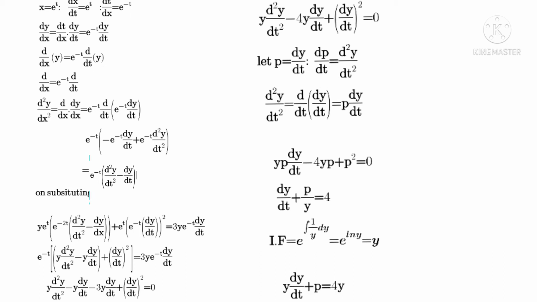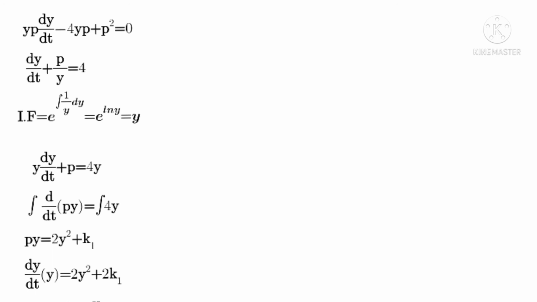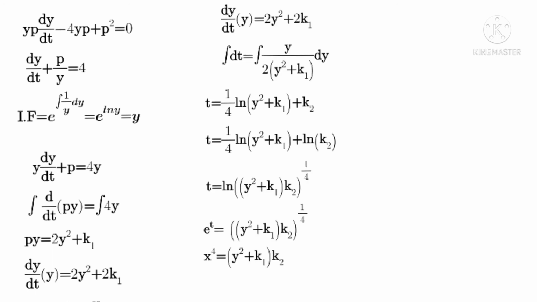So we look for our integrating factor. Our integrating factor is e raised to power integral of 1 over y, which is still the same thing as y. Then we use y to multiply through the initial expression. So we have it like that. So we have y dp/dy plus p equals 4y.